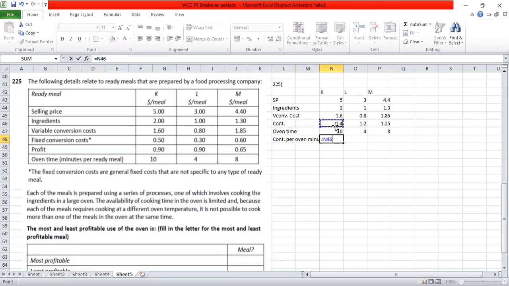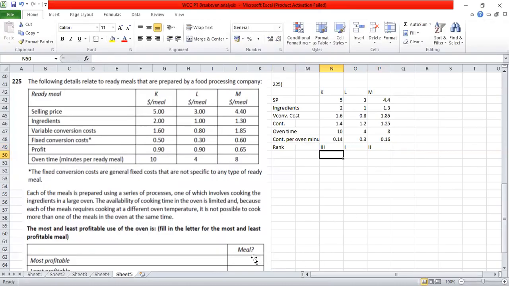Per minute of oven time, 1.4 divided by... rank them. This will be 1.3, no? This will be 0.2 and this will rank 3.